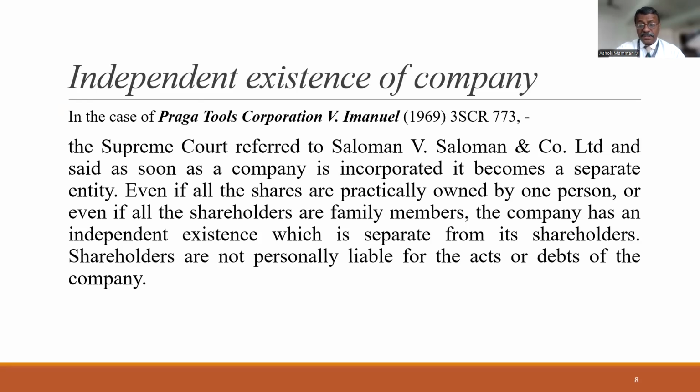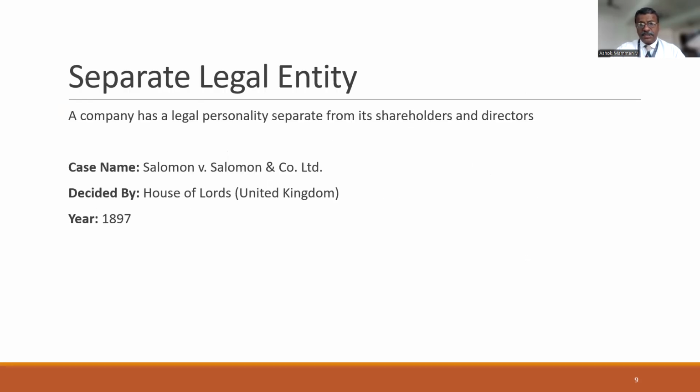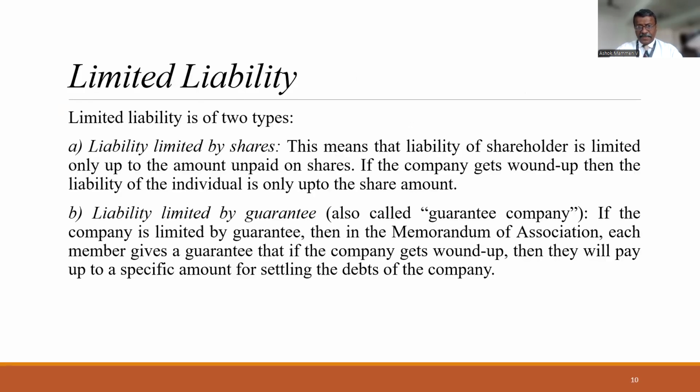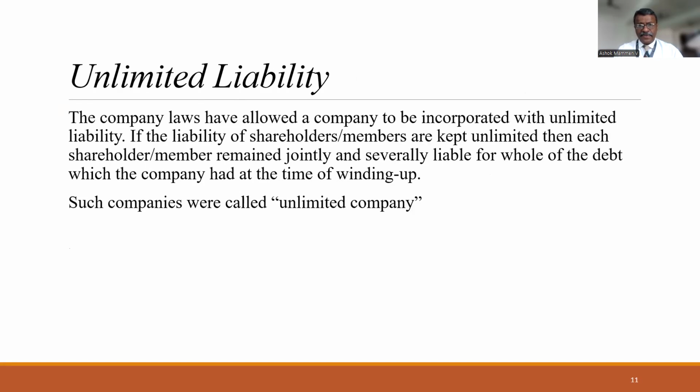You have to claim it from the company. So the case we always quote is Solomon and Solomon, 1897. Okay. Limited liability. We already spoke about limited liability by shares, limited liability by guarantee. Okay. Let us proceed further.